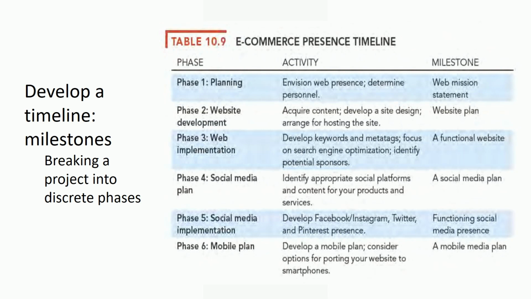And the next one we call the mobile plan. So we develop a mobile plan considering options for porting your websites onto a smartphone. So the customer will easily access our website using their smartphone. So that's why we need to cover all the bases here.